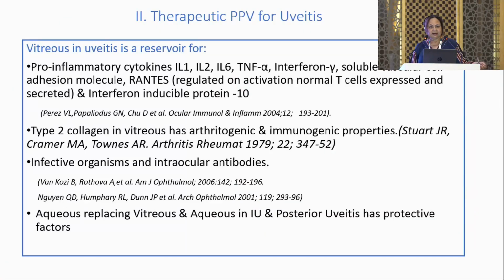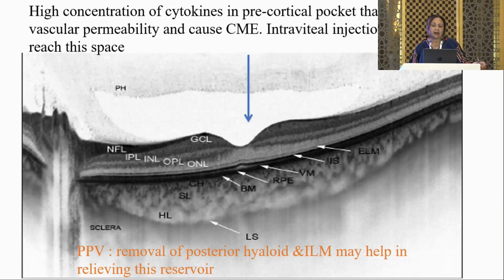Now, besides the diagnostic, there are a lot of indications for doing therapeutic vitrectomy. And the first indication itself is when nothing is working. Because there is this beautiful image out here which shows that when there is a precortical vitreous, there is a very high concentration of cytokines which gets accumulated in the precortical pocket, and that increases the chances of inflammation, and you need a very high dose of systemic immunosuppression to take care of this.